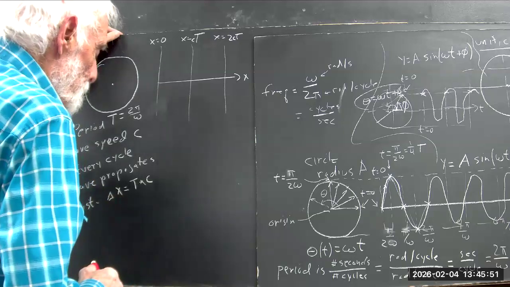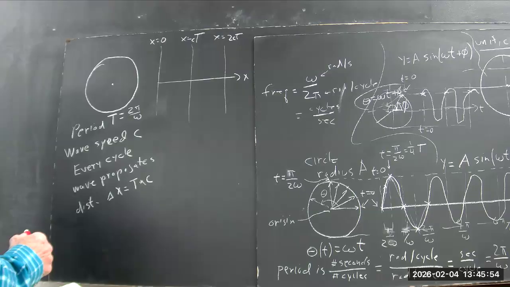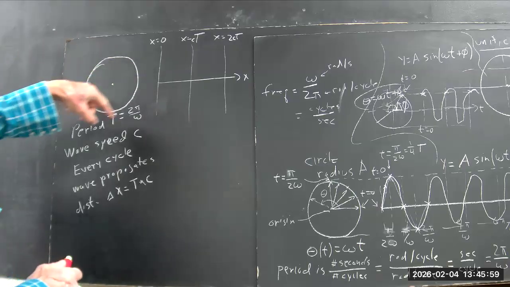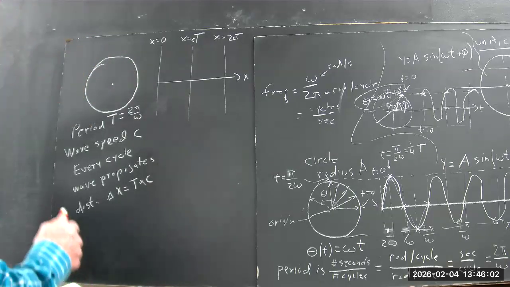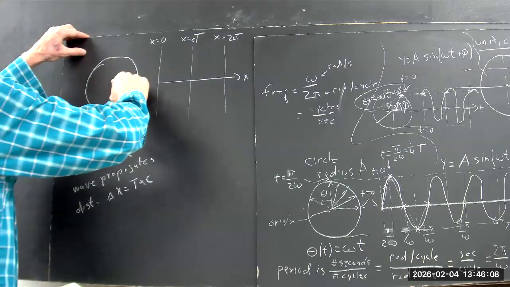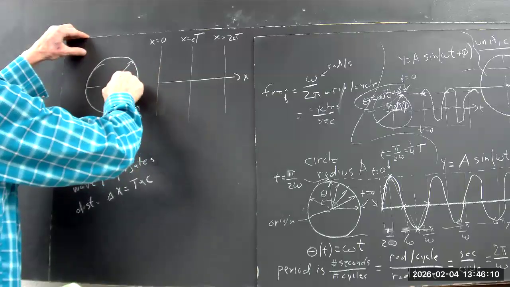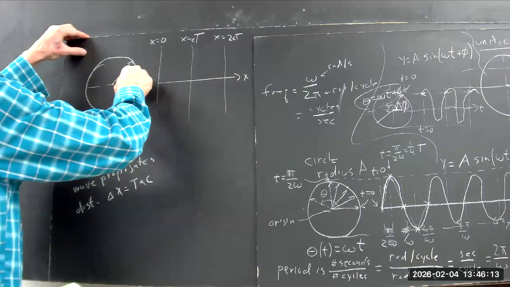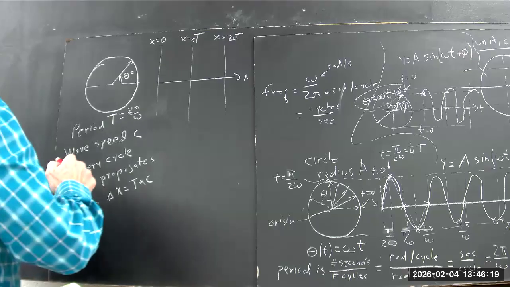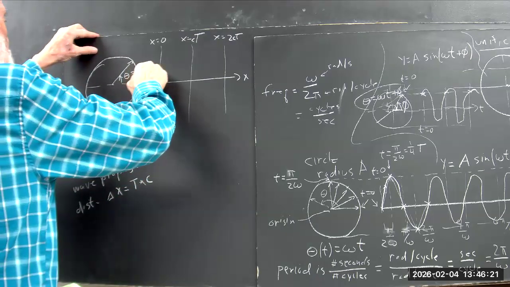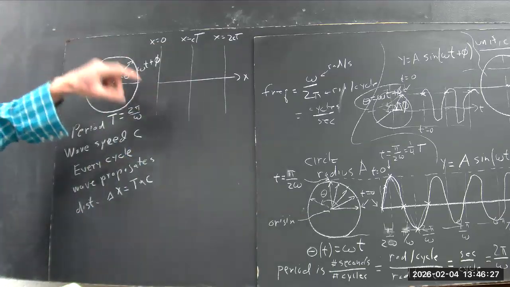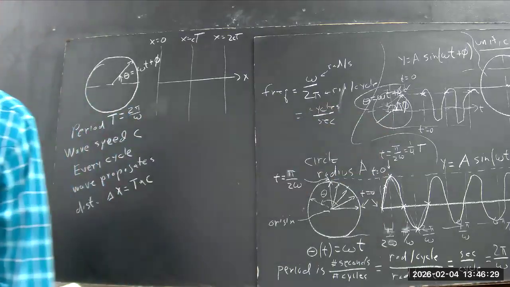Okay, well, what then happens is, depending on where you are on this circle, we start at some angle theta, which is equal to, in general, omega t plus phi, just like here.